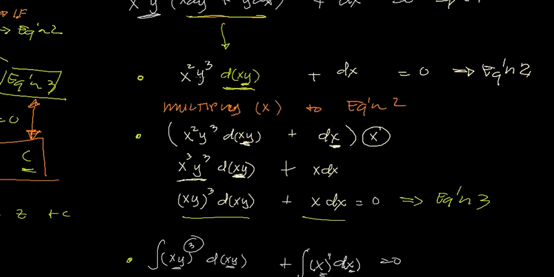Through inspection, we see that if we multiply by x, we can make the exponent of xy equal, so that we can write it in this form. We can also multiply the x in the other part so it will not be sacrificed, and that is totally fine because we can integrate it in terms of the variable x.